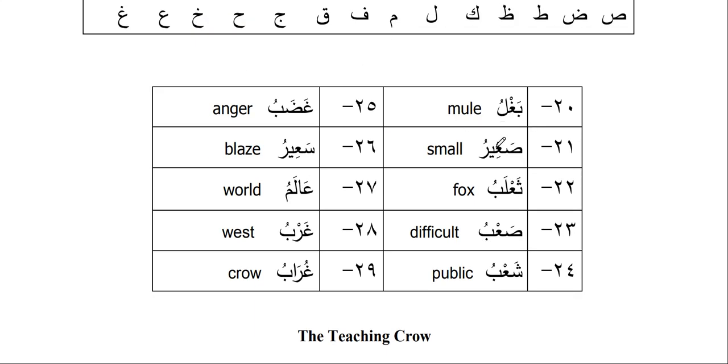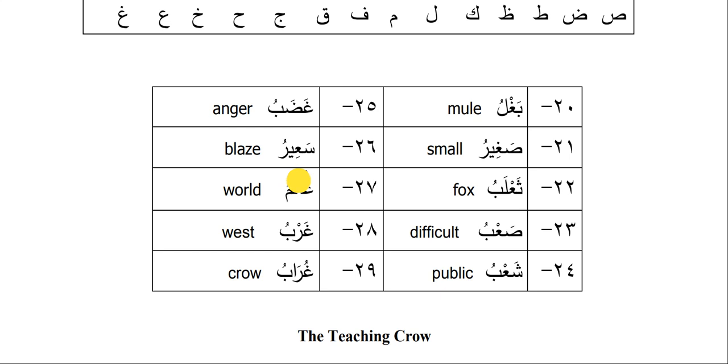Baghlu means mule. Saghir, small. Tha'lab, fox. Sa'ab, difficult. Sha'ab, public. Now, ghadab means anger. Sa'ir, blaze. Alam. Now, there are two words.